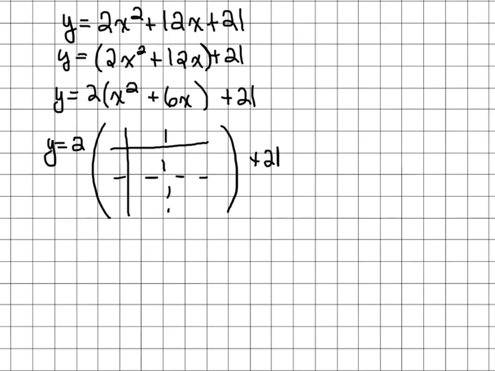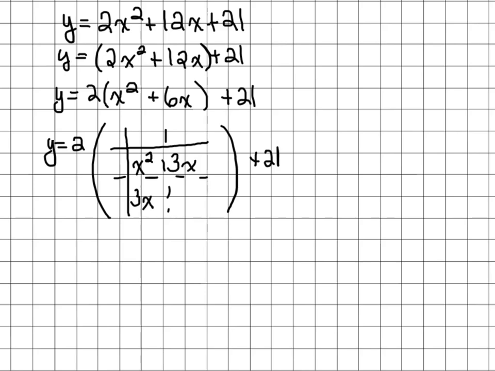So I have my x squared here, and I know that in order to make a perfect square, I have to have the same length and width, so these x's have to be evenly distributed in these two areas of the chart. So I have 3x and 3x.